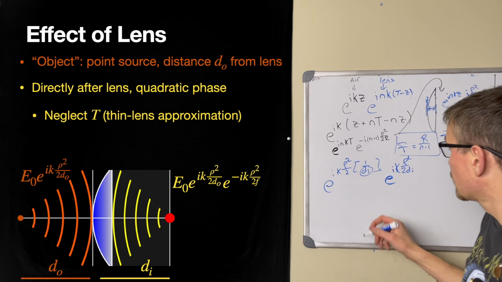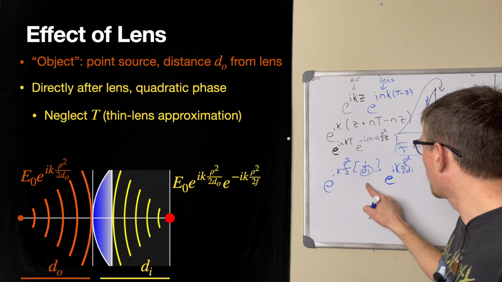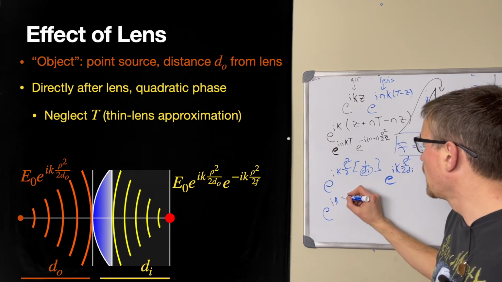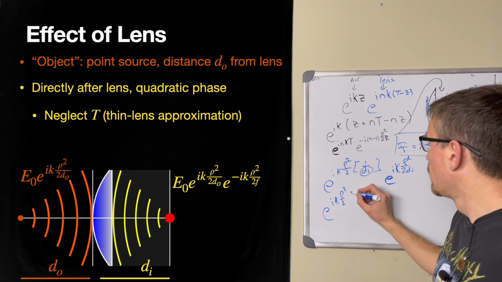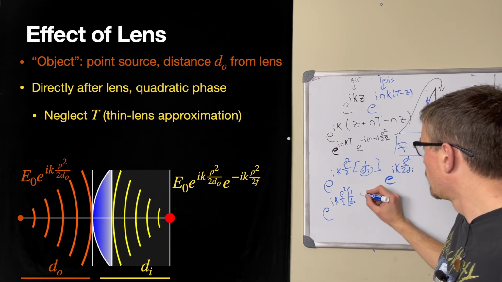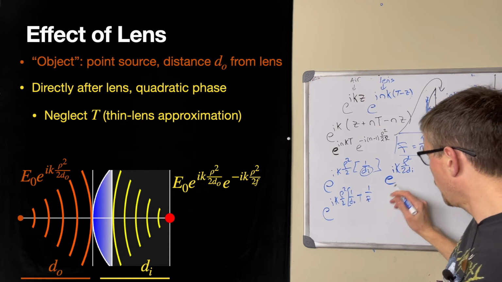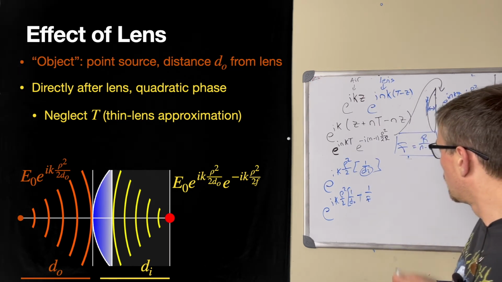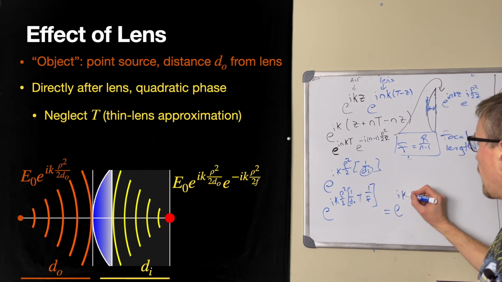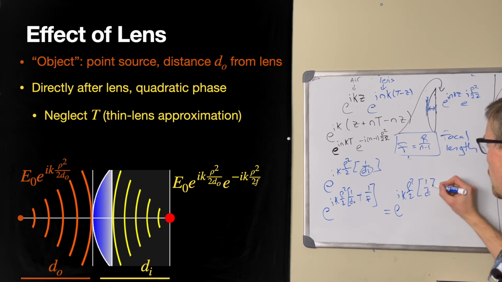But having said that, let's just look at what we have here. If we compare these terms, we have the product of two things. We have e^{ik rho^2/2} times 1 over d object, collecting terms here, minus from the other term 1 over f. That's equal to some other wave, e^{ik rho^2/2} times 1 over d image.